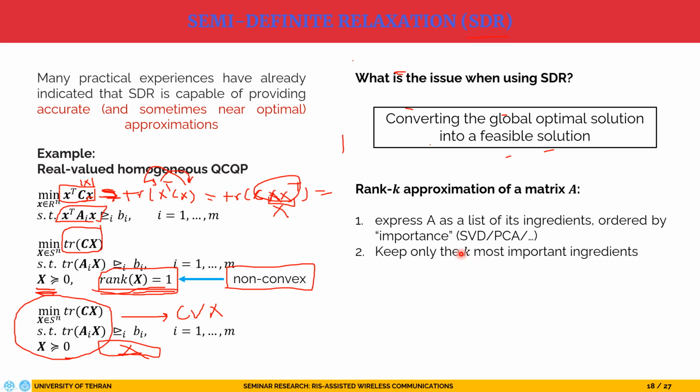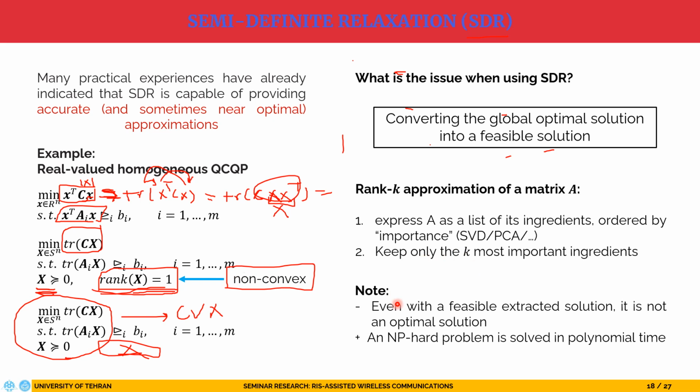And the resultant answer has rank 1. Even with a feasible extracted solution, it is not an optimal solution. An NP-hard problem is solved in polynomial time. So SDR has some trade-offs, and we can use it depending on the optimization problem.